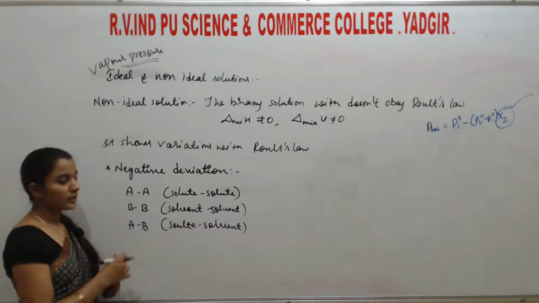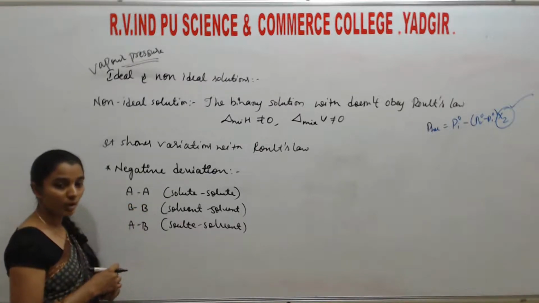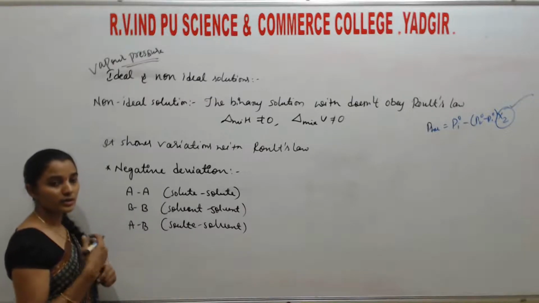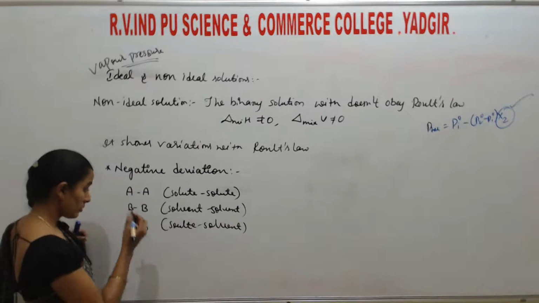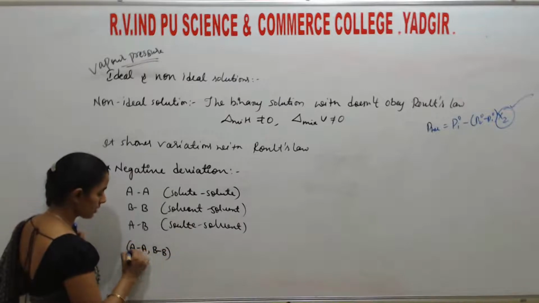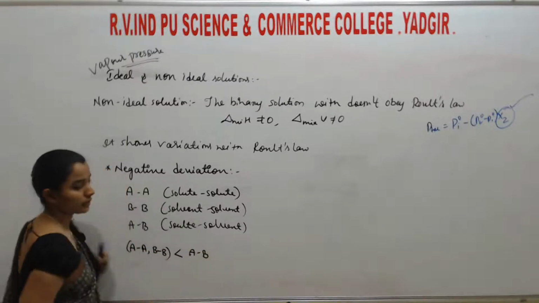Before, I told you the interaction between the pure components is greater than the interaction in the binary solution. Here, AA and BB interaction is less than AB interaction.